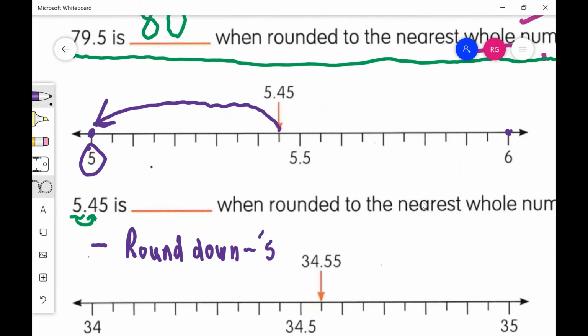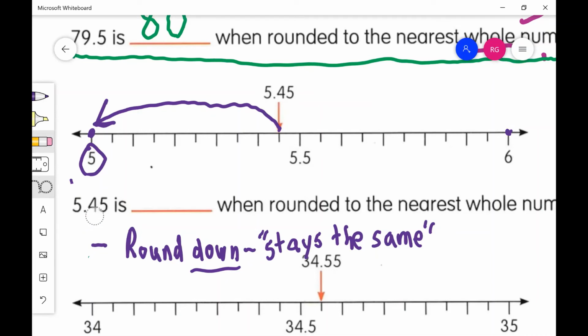I'm just going to write round down stays the same. You guys know what I'm talking about, hopefully, meaning this number stays the same. So hopefully that's clear. When we say down, we really mean this 5 doesn't change. So let's go on to the answer there.